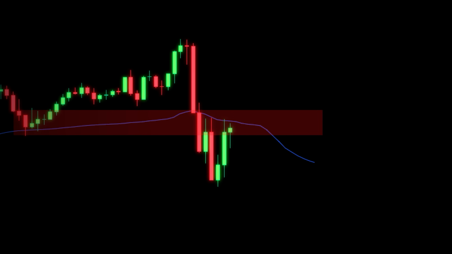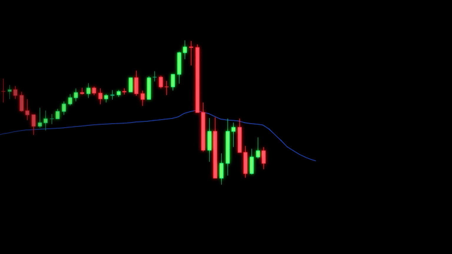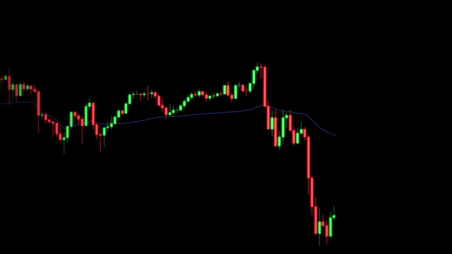Sellers are entering to open new positions. After price trades into this region, we wait for bearish confirmation, such as a bearish engulfing candle. And once confirmed, we can enter a short position, placing the stop loss above our recent high and targeting lower price levels.